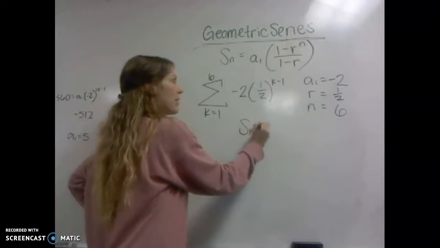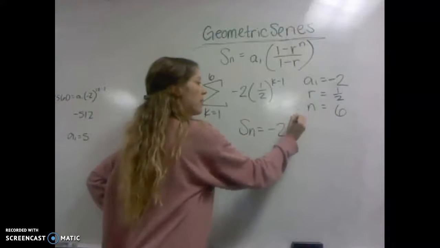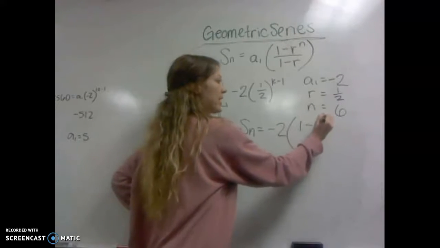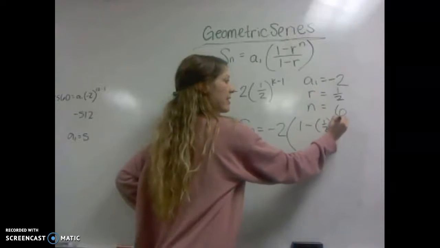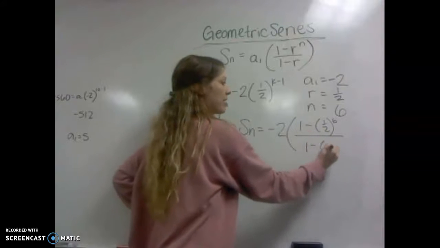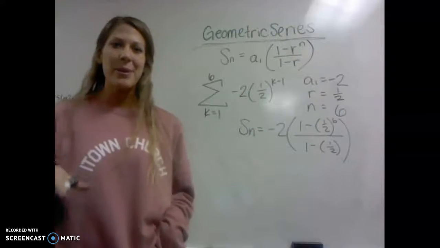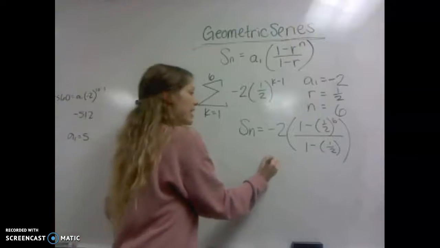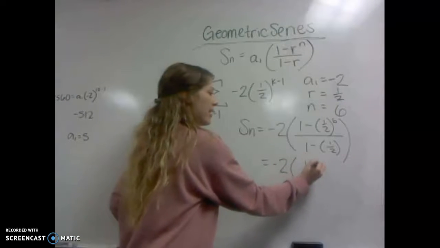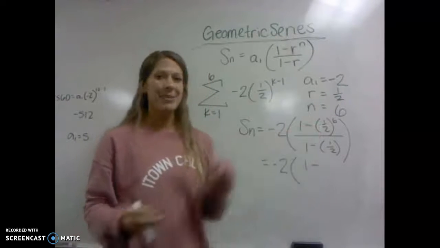So the sum is the first term times 1 minus r to the n over 1 minus r. All right, so this one's going to get just a little bit messy here. So we've got negative 2 out front. 1/2 to the 6th power.